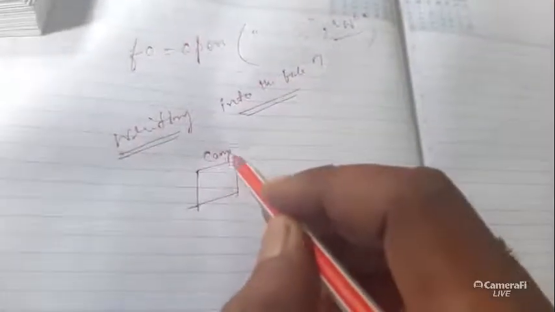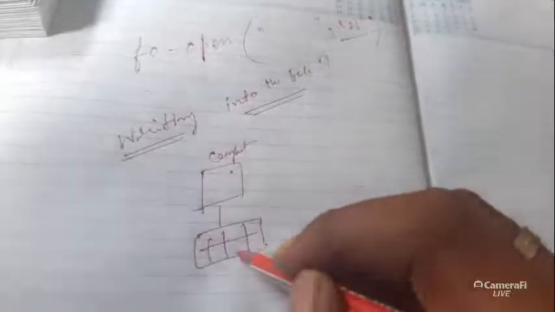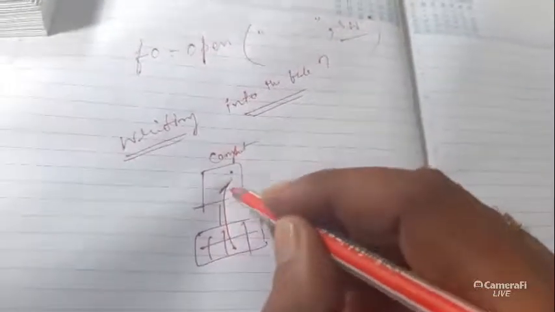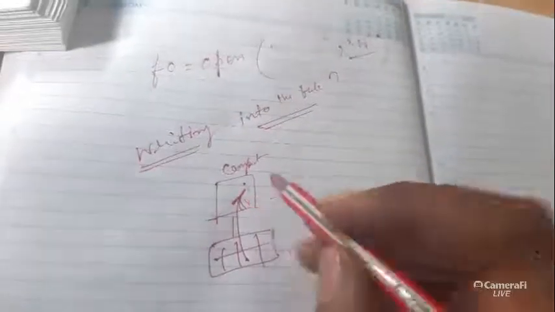Writing into the file means, for example, suppose this is your computer and it has some physical storage, and here is our keyboard. When we type some data, this data will first go to the Python console, or simply Python execution, and then it will be stored in a file.